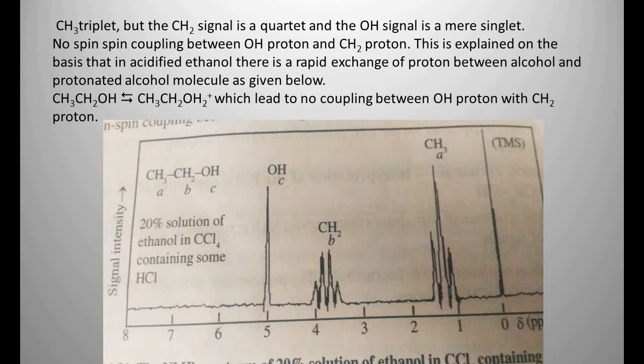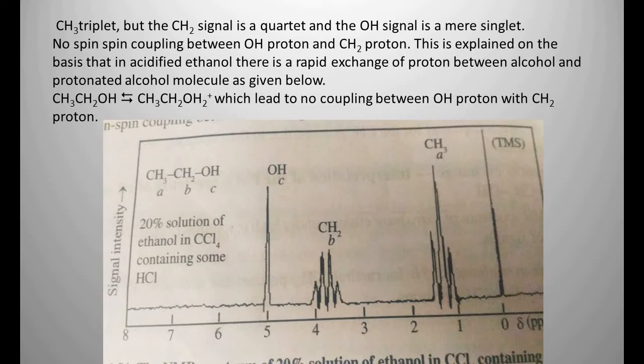When you observe the PMR signal of ethanol in CCl4 containing a little hydrochloric acid, a sharp difference is expected compared to the aqueous medium. Here, the triplet remains as such for methyl. There is no change in the position. The triplet is positioned at 1.5 delta, but there is no spin coupling between OH and CH2 protons.